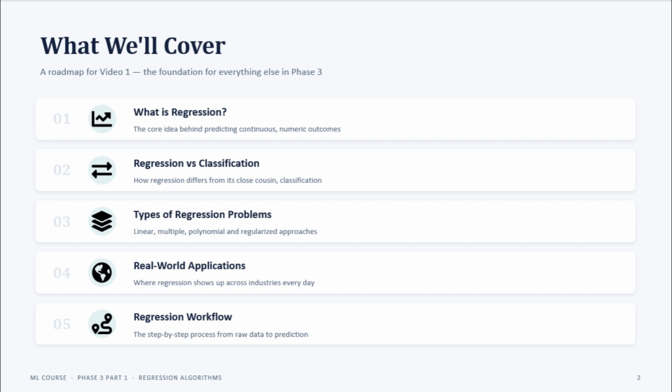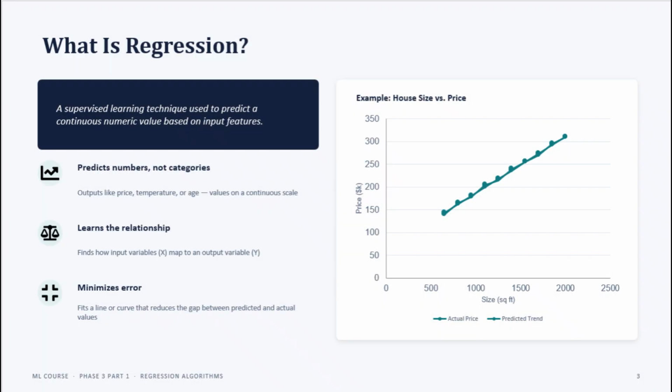Next, we'll explore some real-world applications to see where regression is actually used. Finally, I'll explain the complete regression workflow from collecting data to making predictions. By the end of this video, you'll have a solid understanding of regression and be ready for the upcoming algorithm lectures. So what exactly is regression?